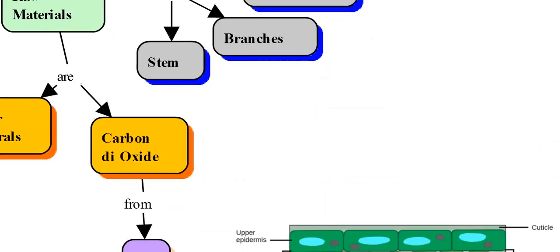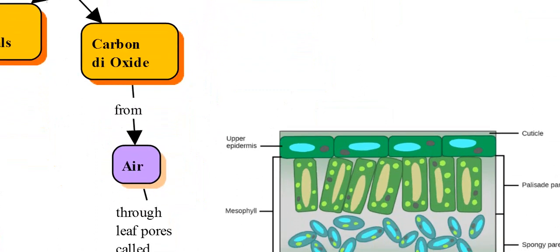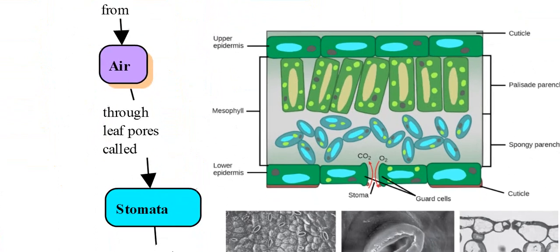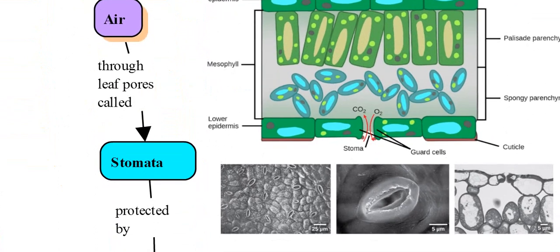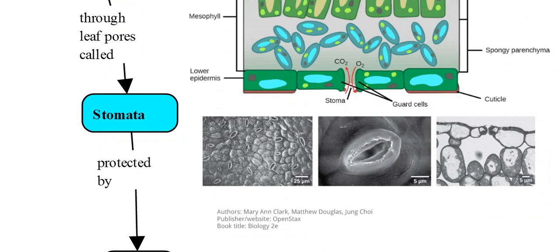Now we'll discuss the other important raw material, which is carbon dioxide. Plants get carbon dioxide from the air, and the air comes through leaf pores called stomata, and stomata are protected by cells called guard cells.